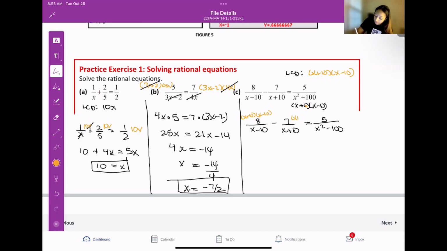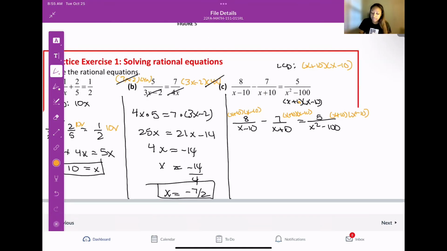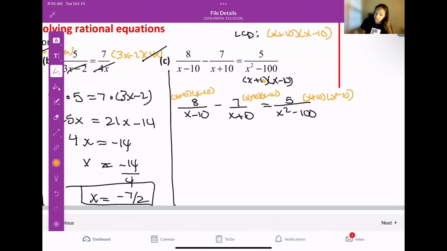Then this will make our denominators cancel out. On the right-hand side, the denominator x squared minus 100 is x plus 10 times x minus 10, so that'll cancel out. For the middle term, the x plus 10s cancel. For the first term, the x minus 10s cancel. So what are we left with? 8 times x plus 10 minus 7 times x minus 10 equals 5.